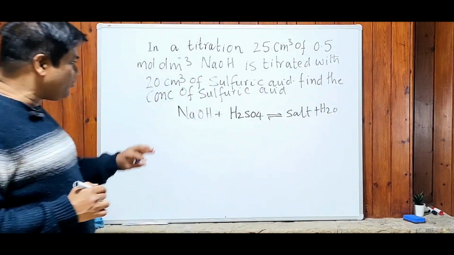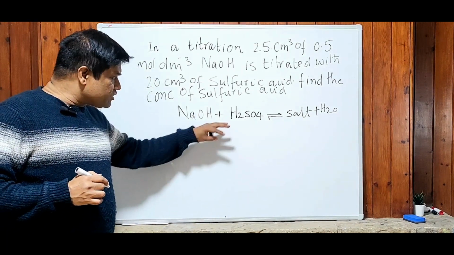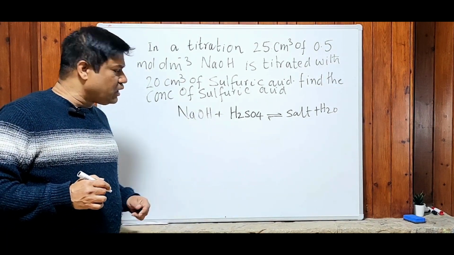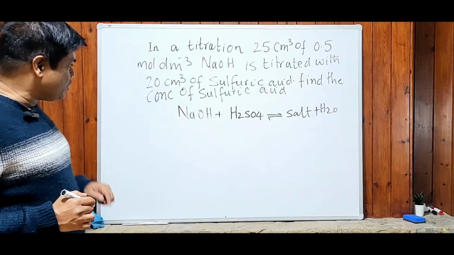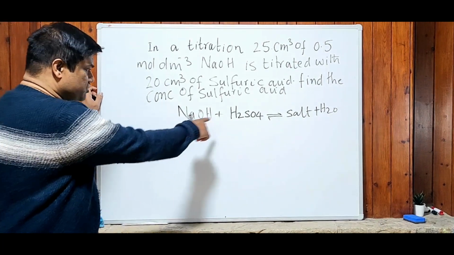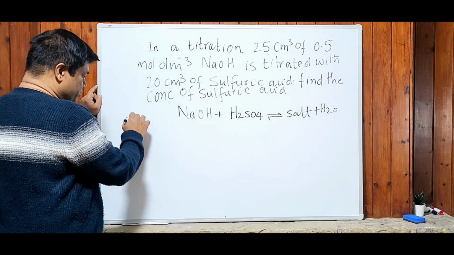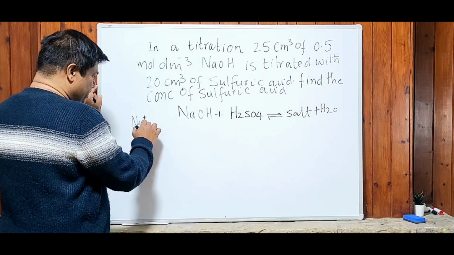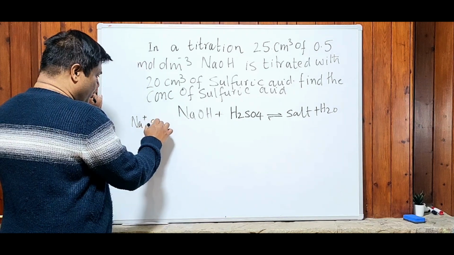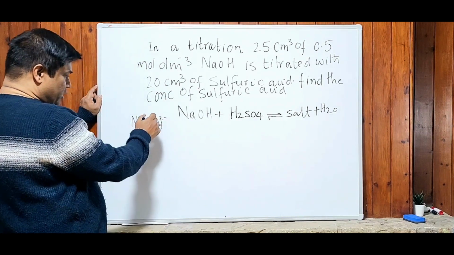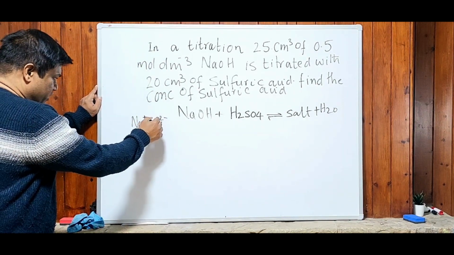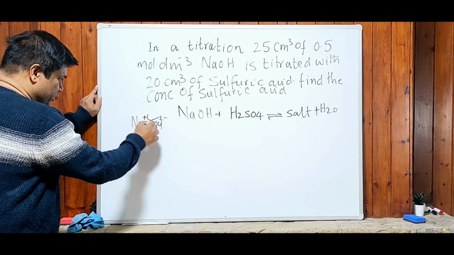How can we write the formula of the salt? I've already explained how to write the formula in my previous video. One more time, just as a recap: with sodium, we are getting sodium sulfate. Sodium is in group 1, Na+, and SO4 2-, that's the sulfate ion. So take 2 to this side and 1 to this side.